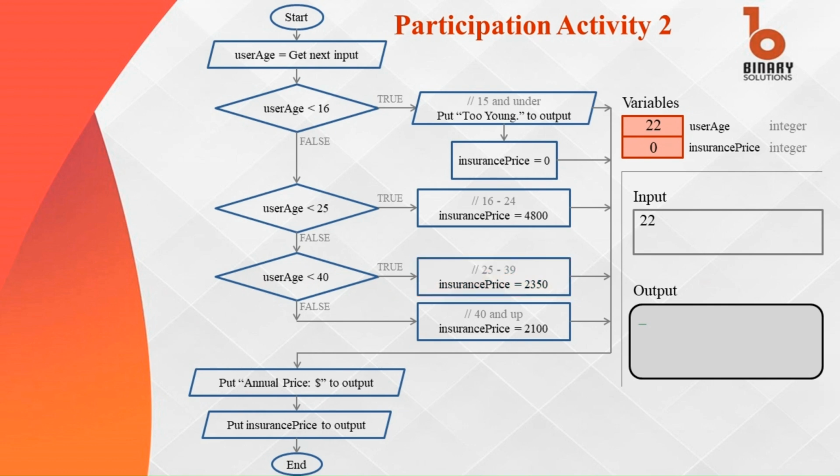Finally, if the age is 40 or older, the insurance price is set to $2,100. Each branch executes sequentially, ensuring only one range condition is met, and the corresponding price is displayed as the annual price in the output. The decision making structure ensures clarity and precision by leveraging the sequential evaluation of conditions.